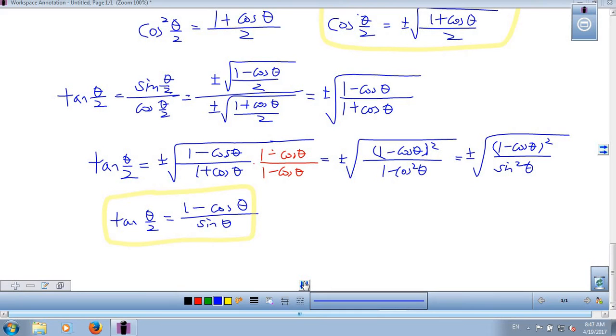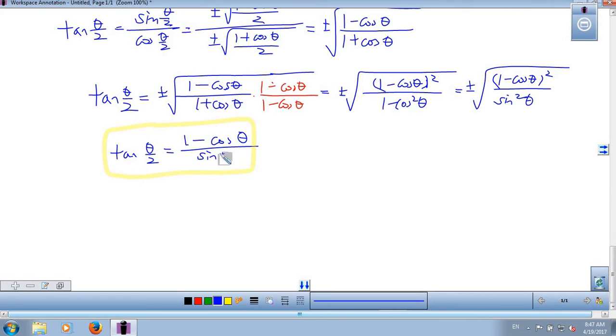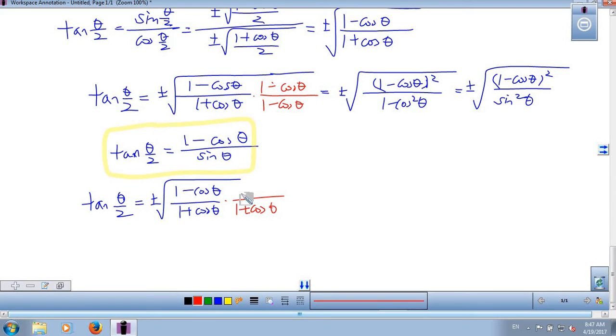Now, we can actually do something else to this. We can write this in another form that's quite useful. So let me go back to the beginning to derive it again. Tangent of theta over 2 is equal to plus minus square root of (1 minus cosine theta) divided by (1 plus cosine theta), right? This time I'm going to multiply by 1 plus cosine theta instead of 1 minus cosine theta. So I multiply by 1 plus cosine theta on top and bottom.